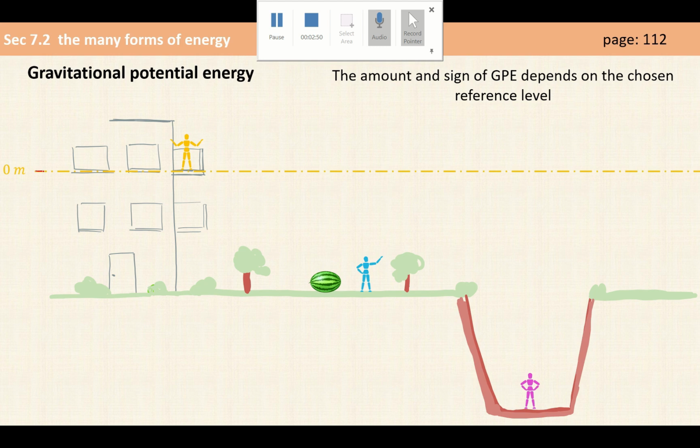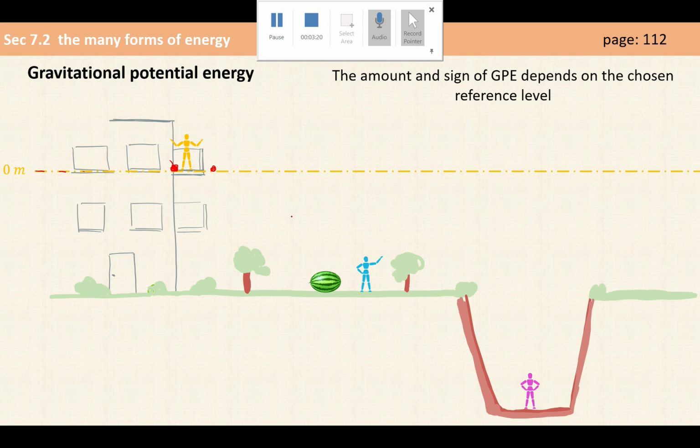So here the balcony is the reference level at which the height is 0, and the gravitational potential energy of anything placed on the balcony would be zero as well. So the gravitational potential energy stored in this person, according to this reference level, is zero as well because he's on the reference level. But how much is the gravitational potential energy of this watermelon if you chose this reference level?